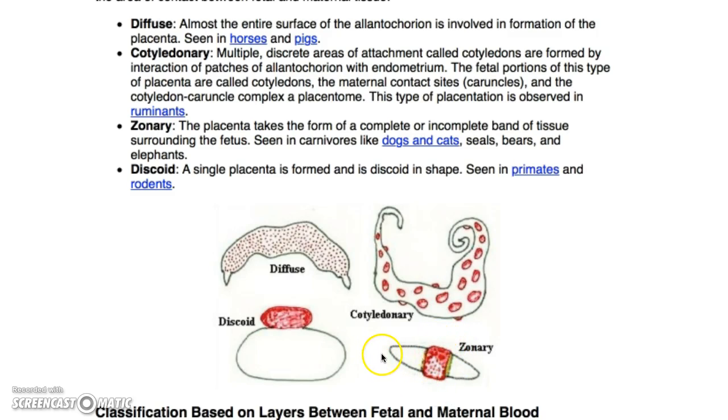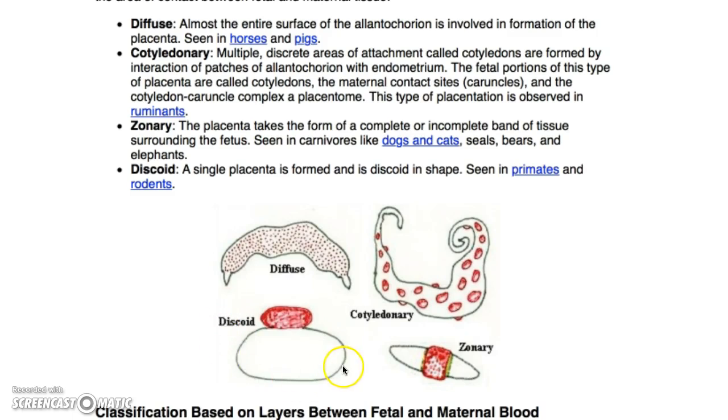And remember, in species that have lots of offspring, the uterus is sort of elongated, and it may be even doubled. So these embryos kind of line up like peas in a pod. So there'd be one here and another one here and another one here, and all along the way the zonary band around the outside of the placenta is what's in contact with the inside of the female's uterus.